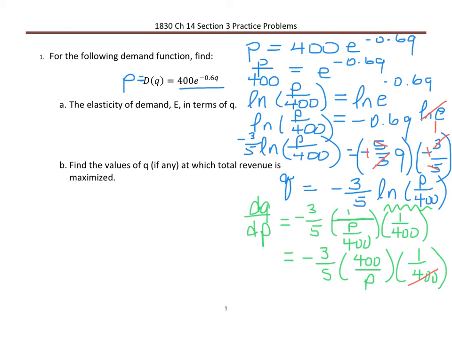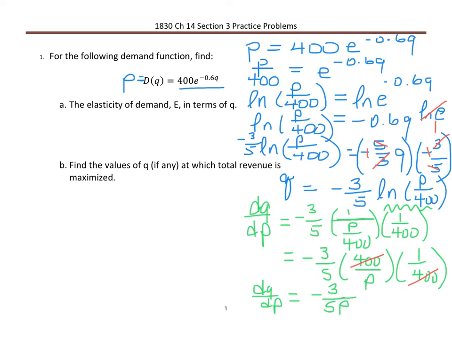And the 400s are going to cancel out. And so then when we multiply, dq dp is negative 3 times 1 is negative 3 over 5 times p is 5p. Or you can keep it as negative 3/5 times 1 over p, but it seems more logical, I think, to write it as negative 3 over 5p.